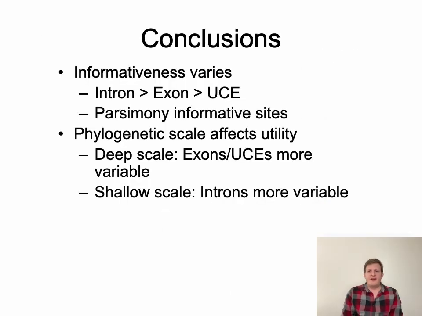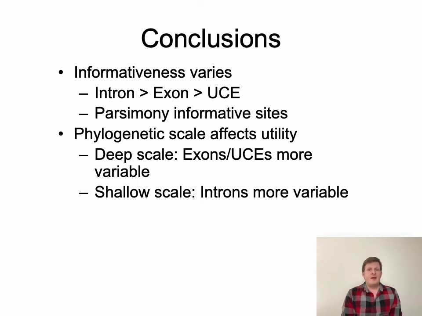When assessing different data types and the conclusions we can draw from them, the informativeness via parsimony informative sites varies, with the intron having the most variation, exons having a moderate amount of variation, and UCEs not being far behind.